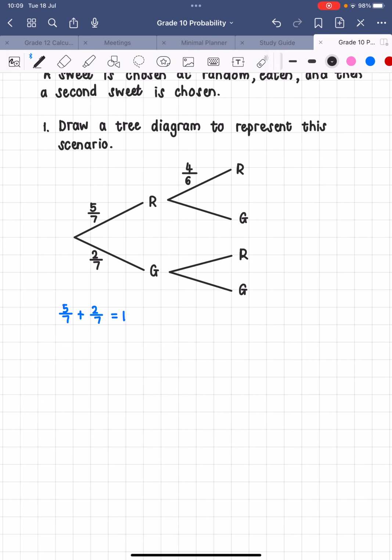Okay, in a tree diagram, it's the only place in maths ever that you are allowed to leave your answers, your fractions, as not simplified. Okay, so in a tree diagram, you don't have to simplify it. I'm just going to make a note here. You can simplify if you want to, but you don't have to.